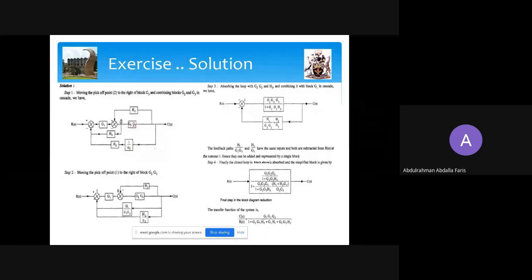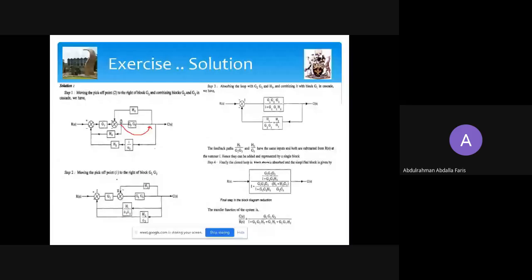So once we do that, GR will be here. Multiplying GR and G2, we have G2 and GR in cascade. Another thing we can do, we can move this also here ahead of this block. So once we do that, exactly the same thing as we did previously, we have H1 over G2, G3. So this goes here. So we have G3, and G2, G3. And here we have H1 over G2, G3.